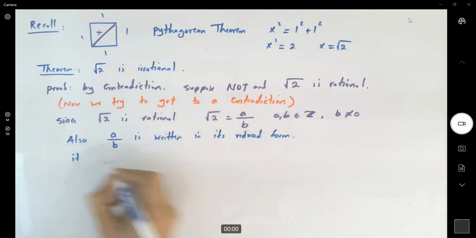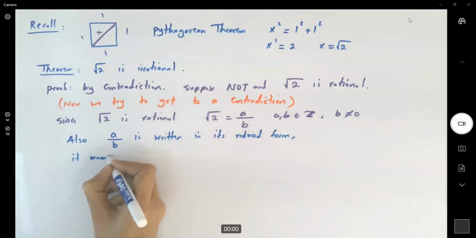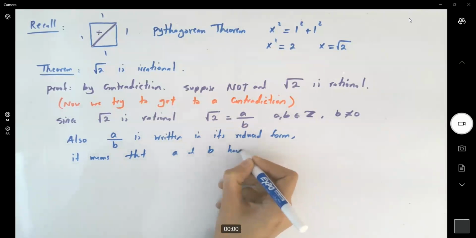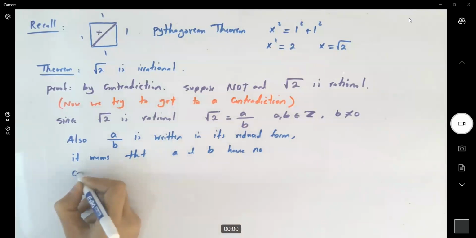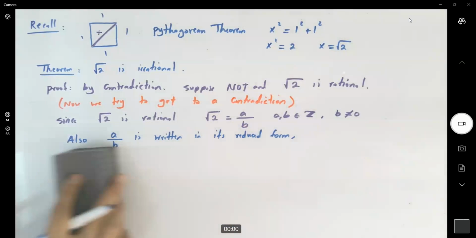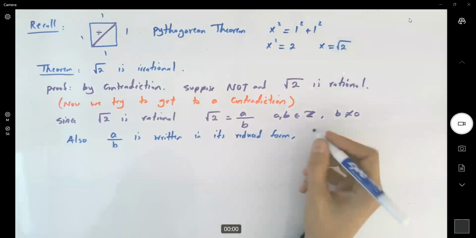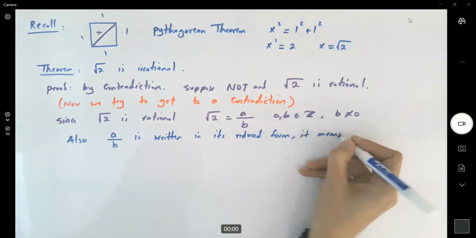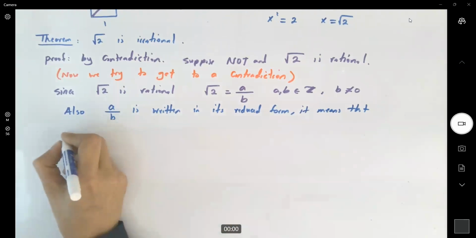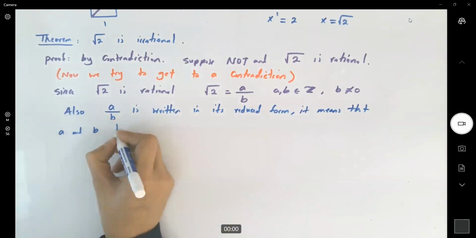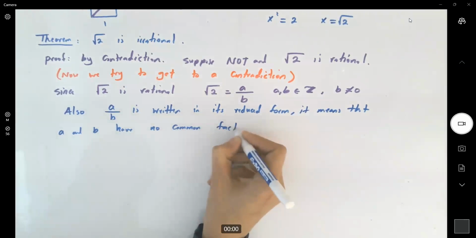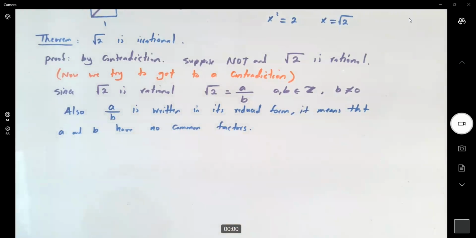It means that a and b have no common factors. Let me write this guy down here. It means that a and b have no common factors. Okay, very good.